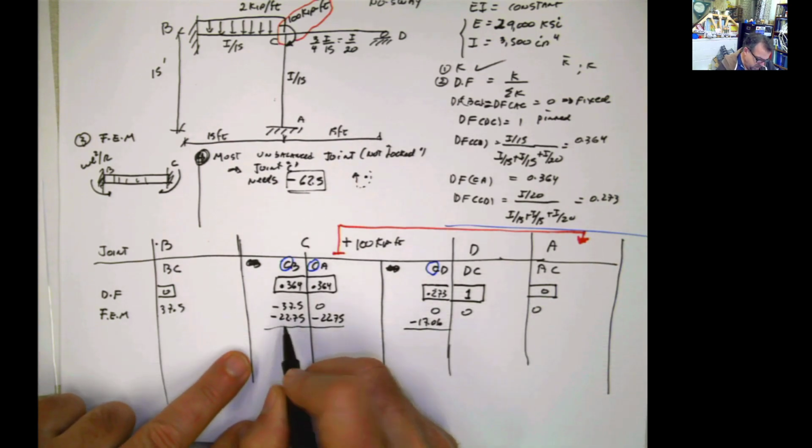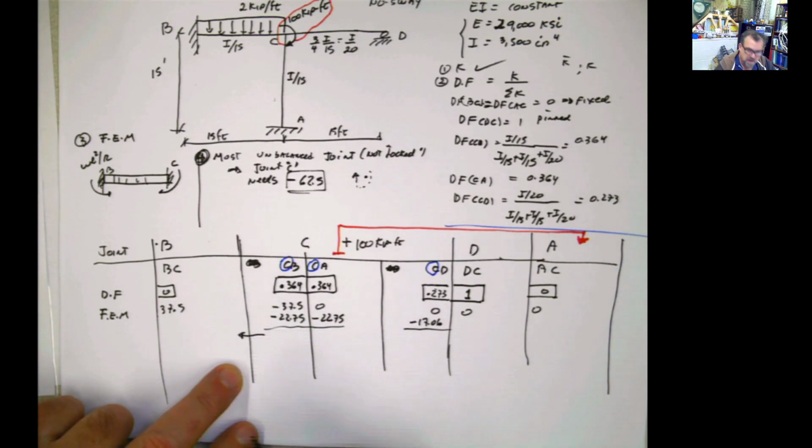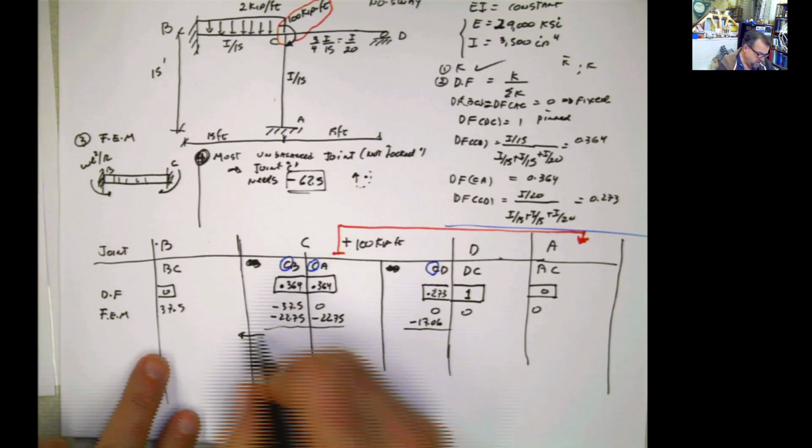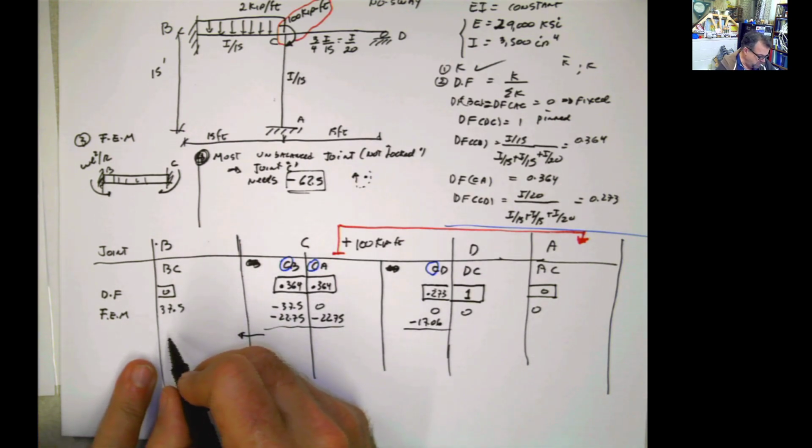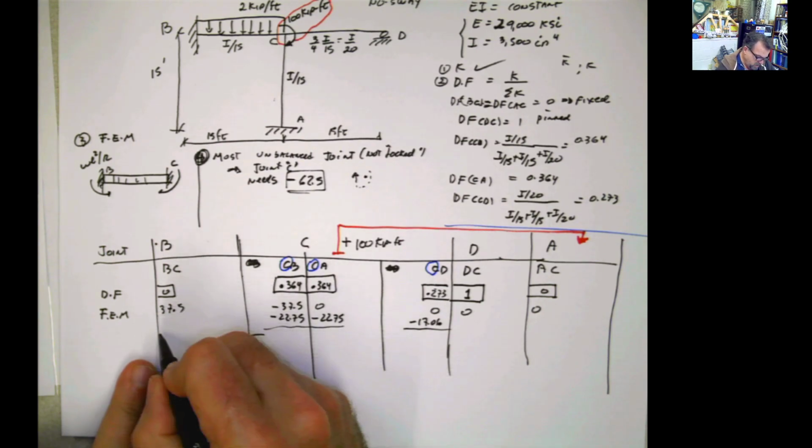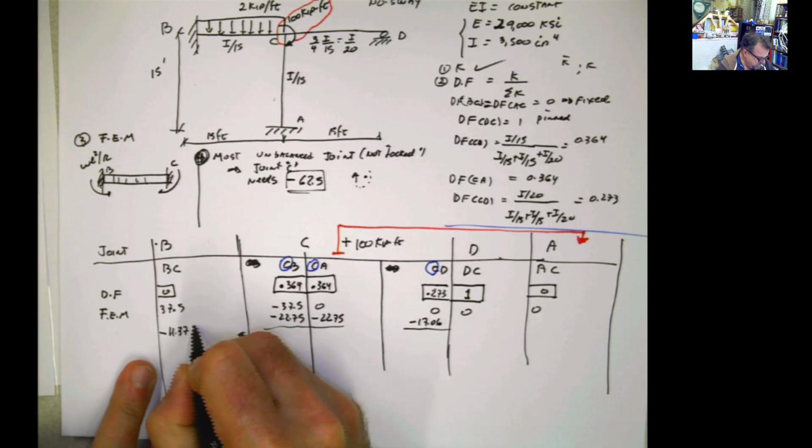Now this CB, remember, the transmission factor or the carry-over factor is 0.5. So this is going to transfer to this pin support 0.5 of that value. That means it's going to be transferring negative 11.375.